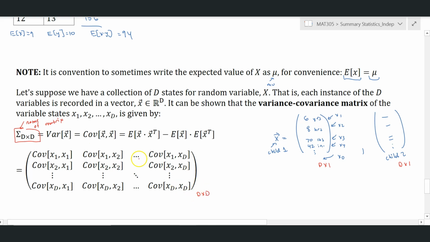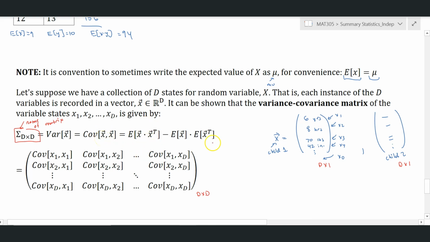This is a d by d matrix. We can express that as the variance of that vector, which is the covariance between the vector and itself. Notice it's not the covariance between one state and itself exclusively. It's the covariance between one vector and the other vector.